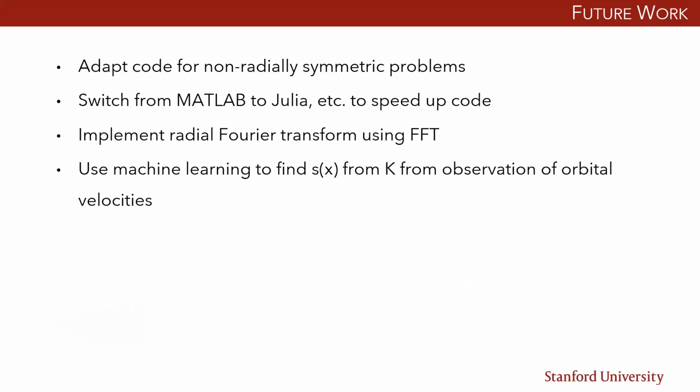We could also work on trying to implement our radial Fourier transform using FFT, just because it's a little faster in some cases, provided that k is decaying quickly enough. And then another project could be to use machine learning to try to find the distribution for S of x using observation of these orbital velocities that I mentioned.